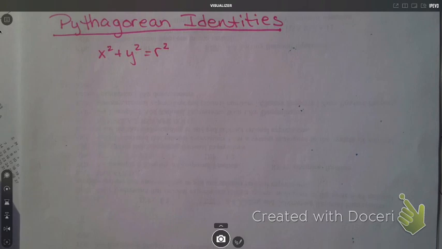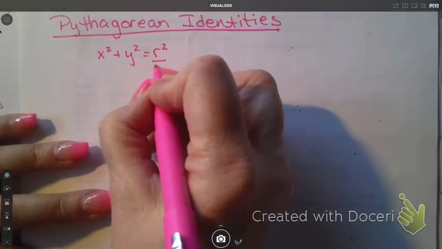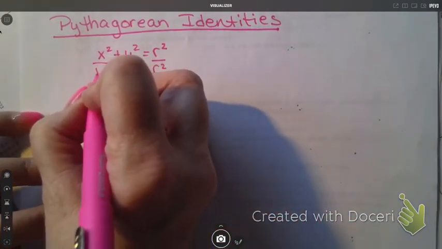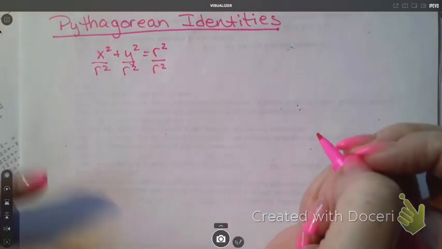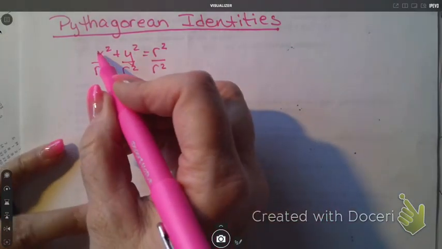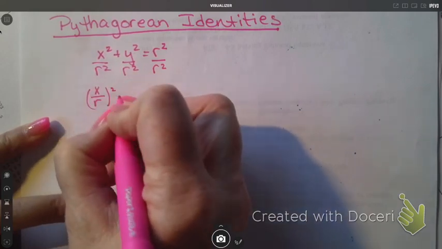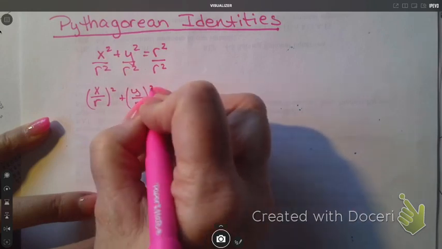Isn't that how we solve equations all the time? We divide by itself. So if we divide by r squared on the right, we have to do it on the left. So both things on the left have to be divided by r squared. Well, this would be x over r squared plus y over r squared equals 1.